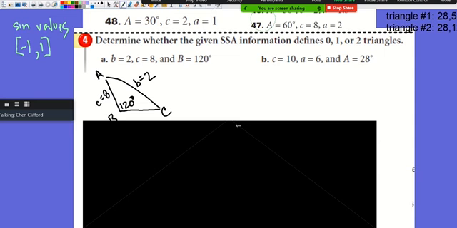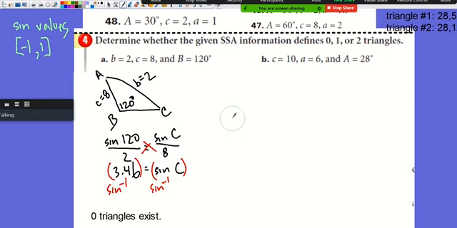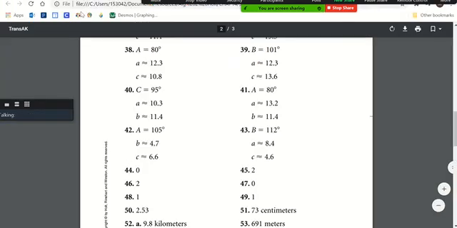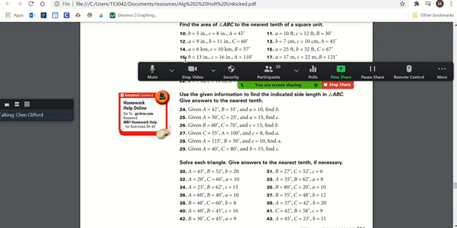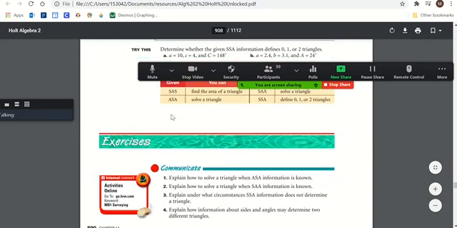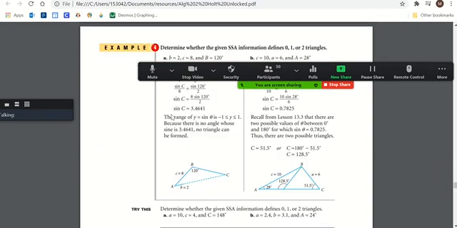Now, let's look over here. Let's look at B over here.